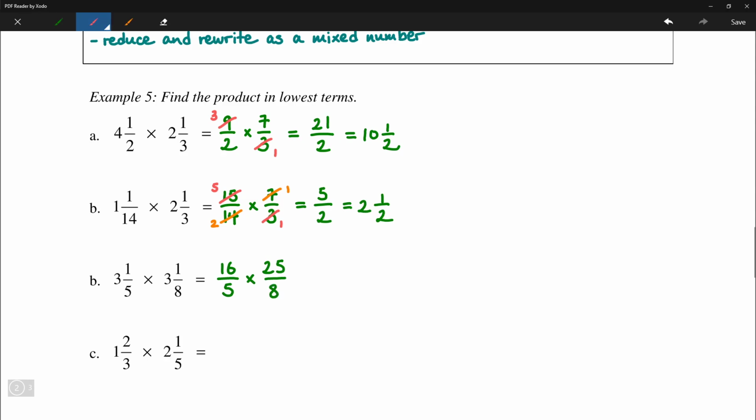Just as before, 16 and 8 are both divisible by 8. And also 5 and 25 are both divisible by 5. So notice that in this case, we have 2 times 5 for our numerator, which is 10. And the denominator is simply 1. So this is just 10 for our final product.